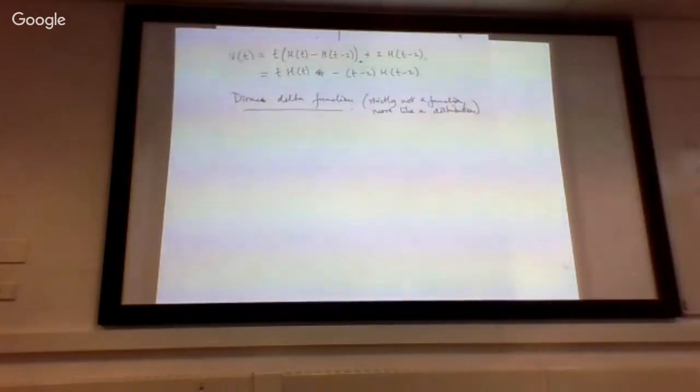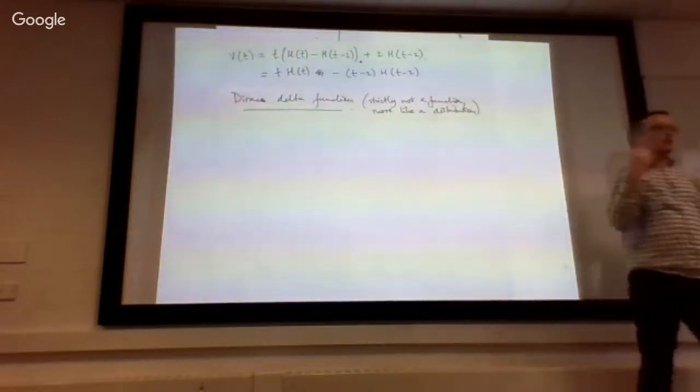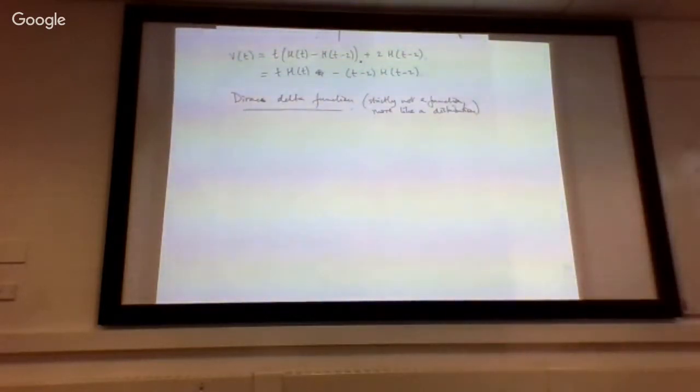You're rather more interested in judging what range it is in, or what interval of values it occurs in. So a distribution is a kind of mathematical object that we're only really interested in for its integrals. And that's kind of what the Dirac delta function is really.